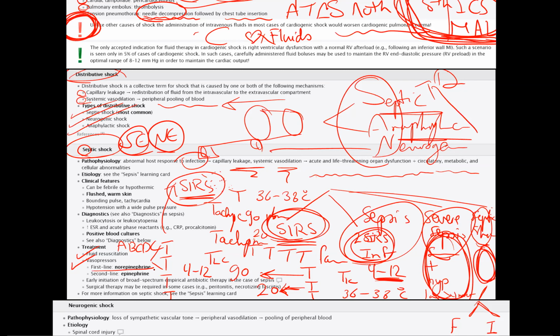Second line is epinephrine, working on the vasodilated peripheral blood vessels to make them vasoconstricted. Early initiation of broad spectrum empirical antibiotic therapy, later adjusted according to culture sensitivity. We have to surgically eliminate the focus of infection, like in necrotizing fasciitis or peritonitis, whatever the cause of this infection.